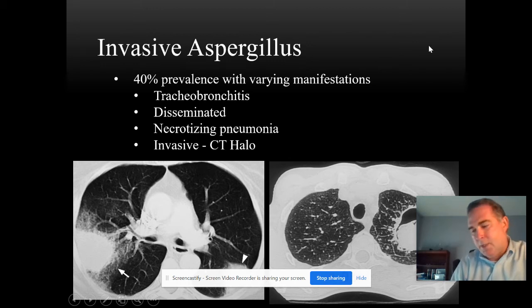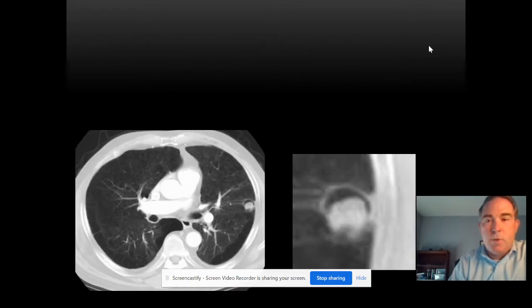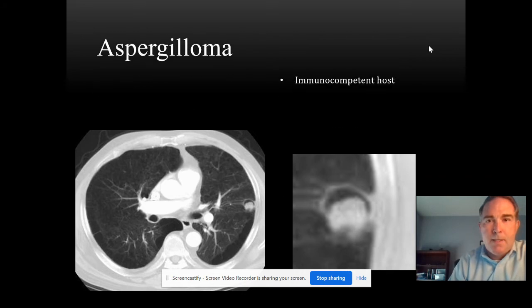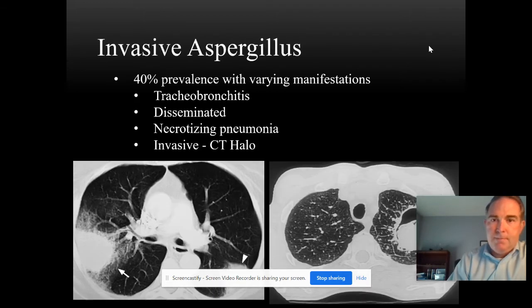In the testing situation, you can imagine ABCD, they can have these. It's the same fungus, aspergillus, so you can imagine the variations there. So it's a bit of a test favorite question. Again, aspergilloma, immunocompetent host, no big deal, acute finding. Invasive aspergillus needs immediate attention.